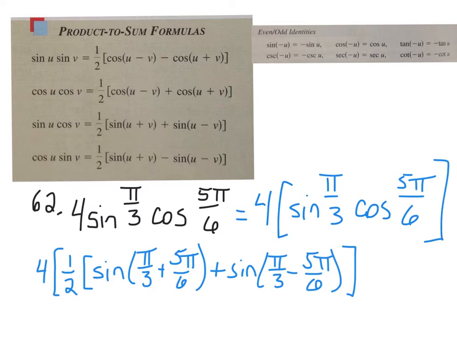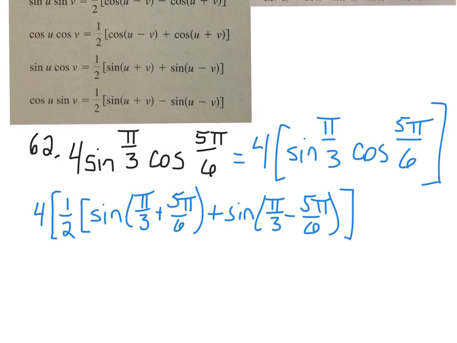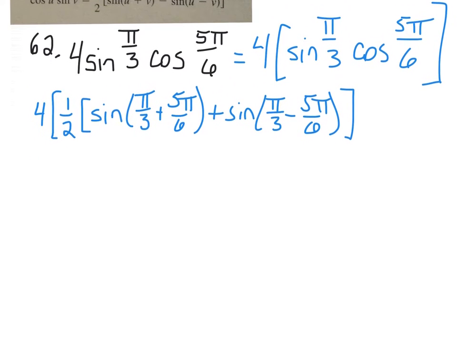And, now you're just simplifying them. So 4 times 1/2 is going to be 2. I'll write this out so that you can see everything, right?